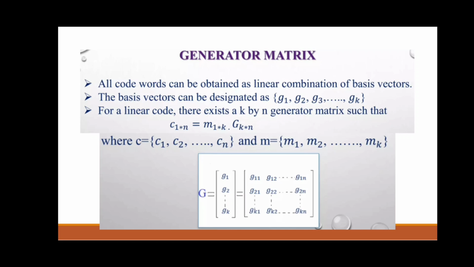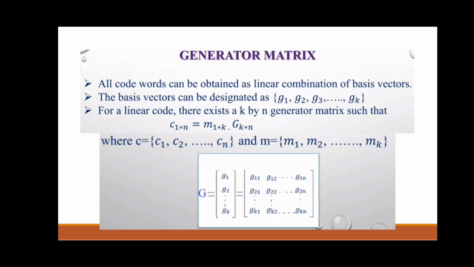Next, we will discuss what is the generator matrix. The generator matrix is something we use to generate these code words, or you can say to code a particular message. The generator matrix is of matrix form as shown in the figure.